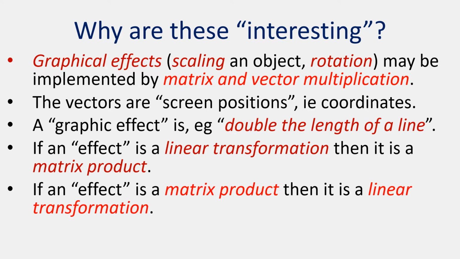It's also the case, however, that if we have some matrix description and we're multiplying that matrix by a vector, then the effect that is being described is a linear transformation. So a matrix vector product is a linear transformation. A linear transformation is a matrix vector product.